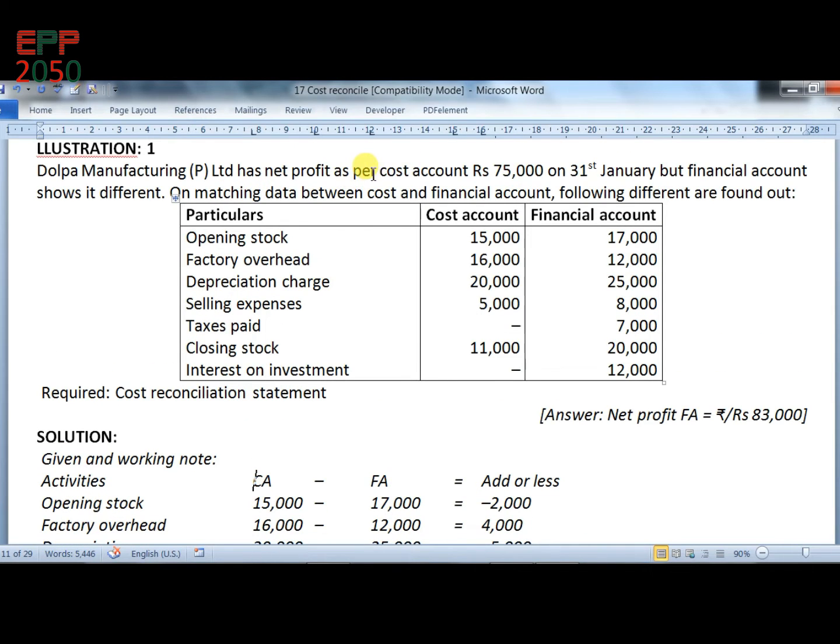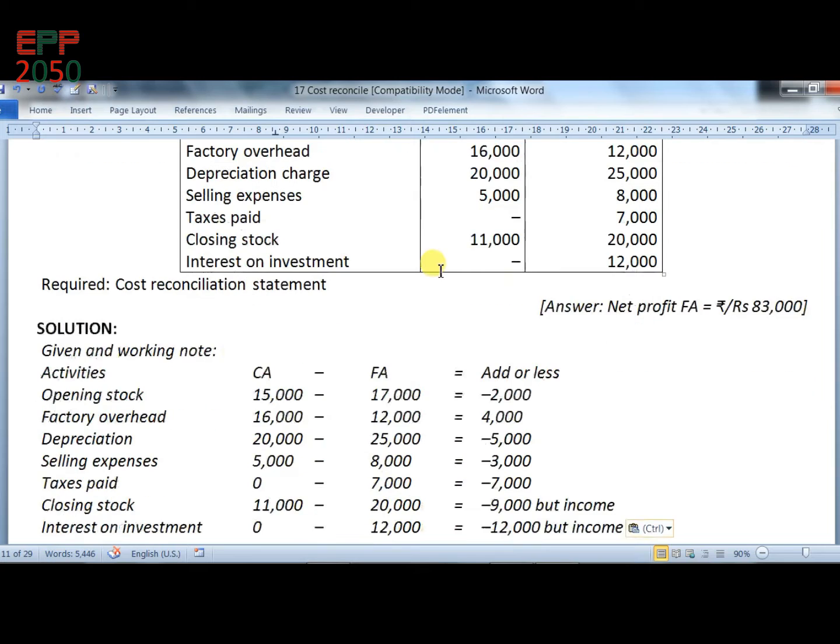Here net profit is given as per cost accounting. So we write C minus F. C means cost accounting, F means financial account. If profit is given according to cost account, we should write down C minus F. If profit is given according to the financial account, we should write down F minus C.